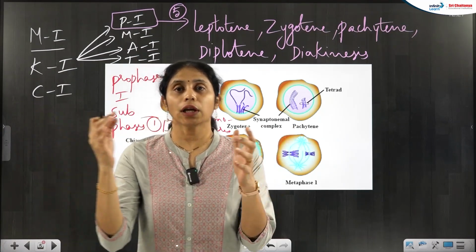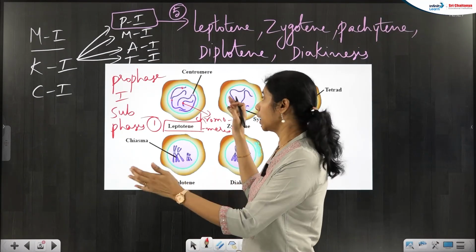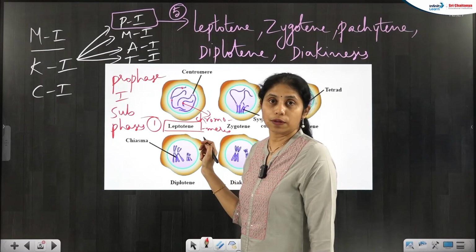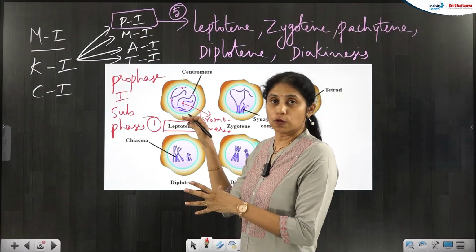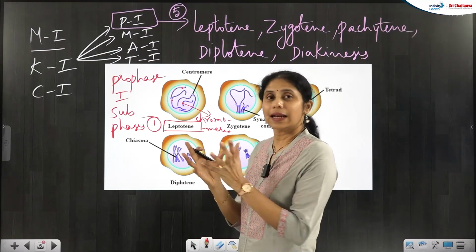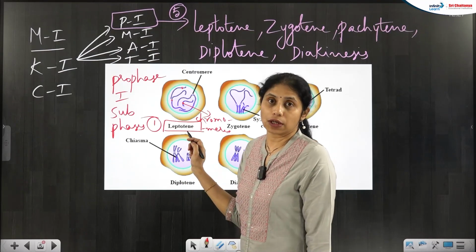All these chromosomes will be attached to one side of the nuclear membrane, which looks somewhat like a bouquet of flowers. So this is also called the bouquet stage.